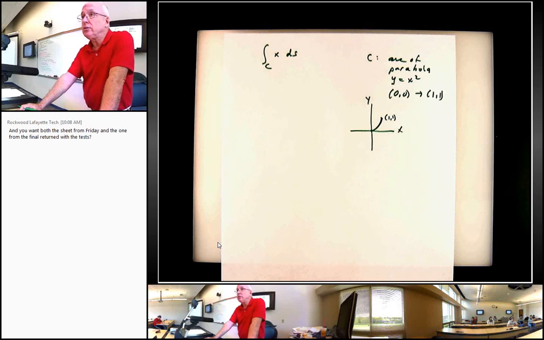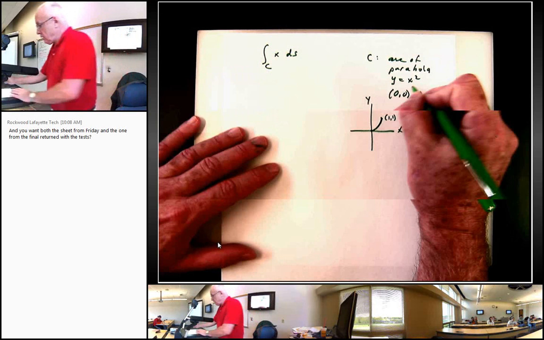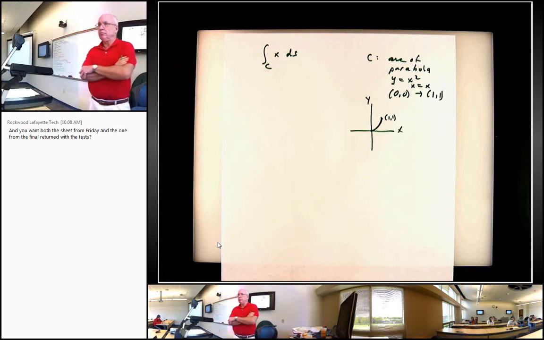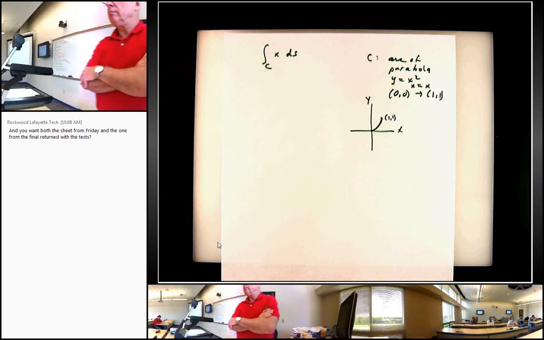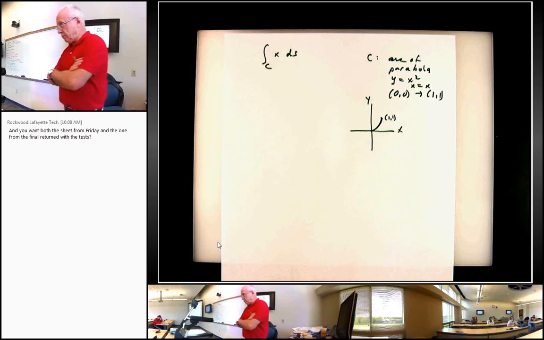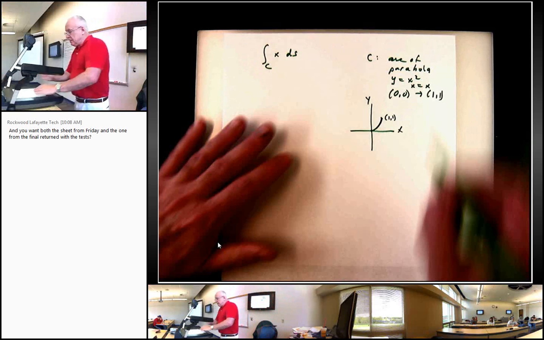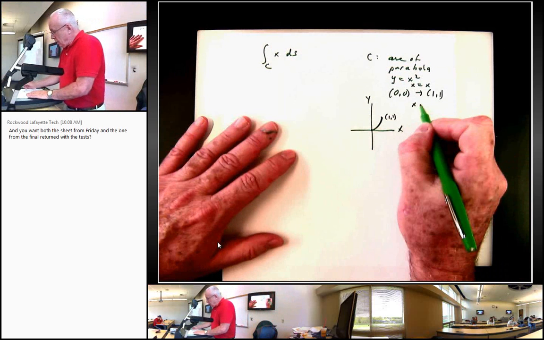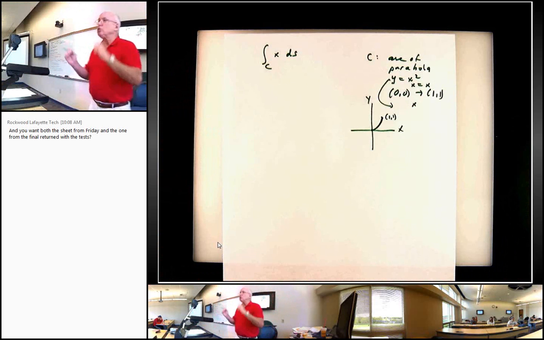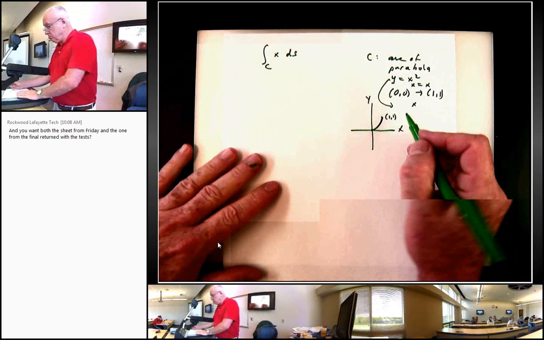In this case, it's going to be x. You're not going to make it into the square root of y. x is just going to be parameterized as itself. That's it, x equals x. Simplest parameterization you can get. Now what is the range of our parameter here? x goes from what to what? 0 to 1.